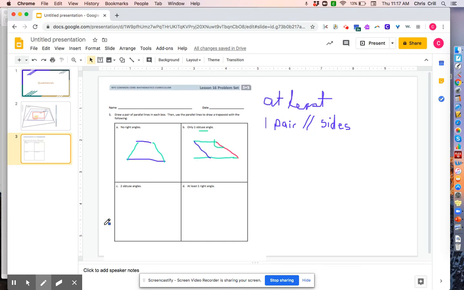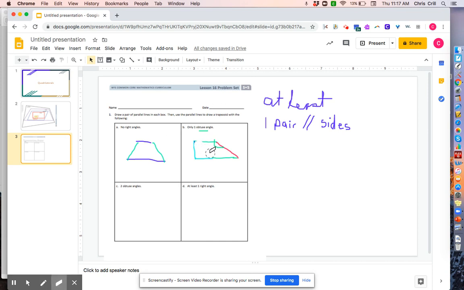I'm going to do this. Now I'm going to take my eraser. So this is a trapezoid. Oh, no, this actually doesn't work. I stand corrected. It doesn't work because look, there's another obtuse angle. So let me go back and fix that. I'm going to stretch this back out here. I'm going to make this.